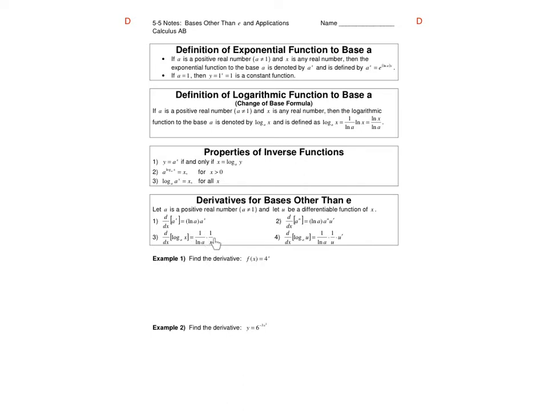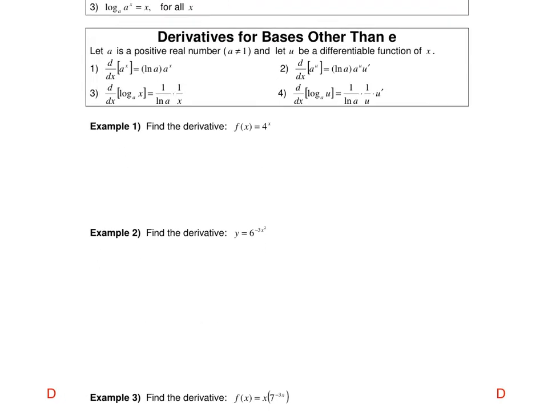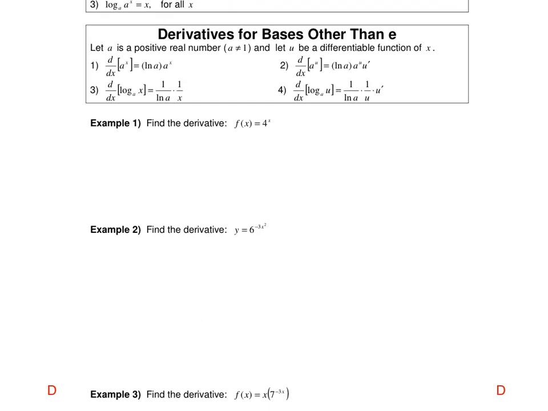And then just double check, go through this process. If I'm moving back and forth, just realize that it's got to be able to move back and forth. So for example 1, I take my derivative f prime. It's going to be just like e to the x is e to the x, then you got to multiply by the natural log of 4.